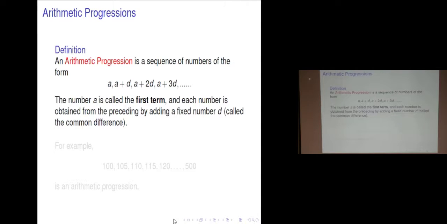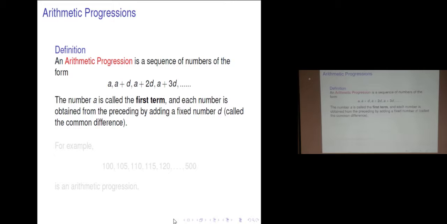Section 2.2 talks about arithmetic progressions. I guess you are more familiar with this than the arithmetic means. Let's look at the definition. An arithmetic progression is a sequence of numbers of this form.